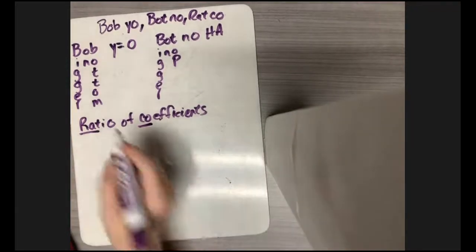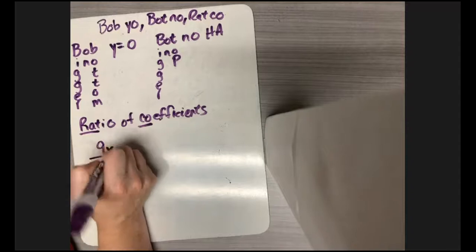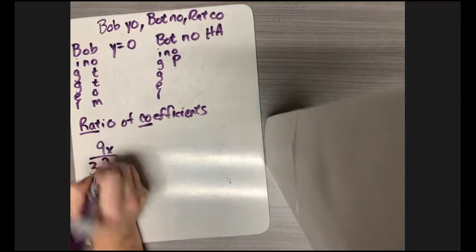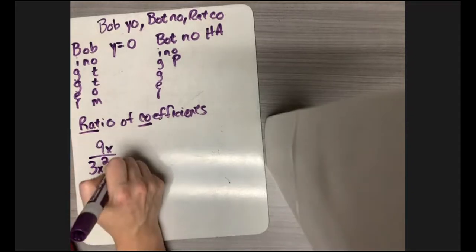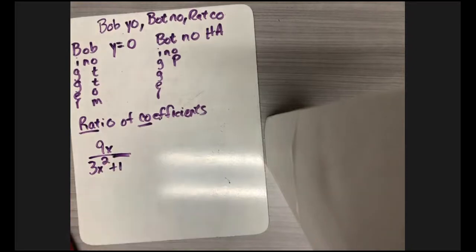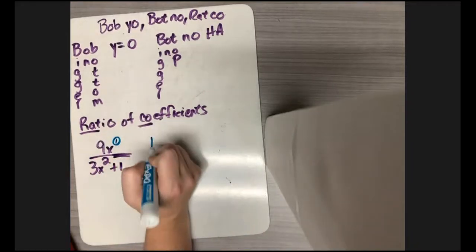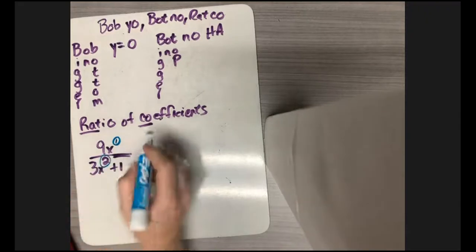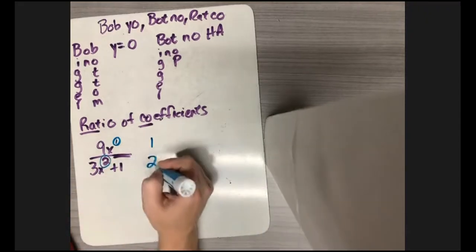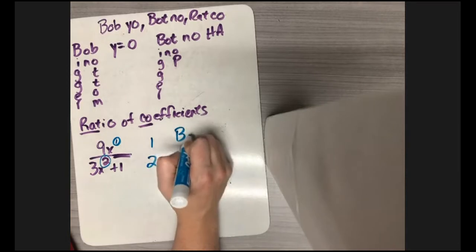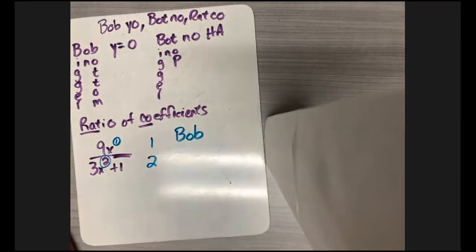So for this one, we've got 9x over 3x squared plus 1. Now the biggest power up here, they didn't indicate it, is a 1. So I've got a 1 on the top. My biggest power on the bottom is 2. 2 is bigger, so we are bigger on the bottom, so we're BOB YO.